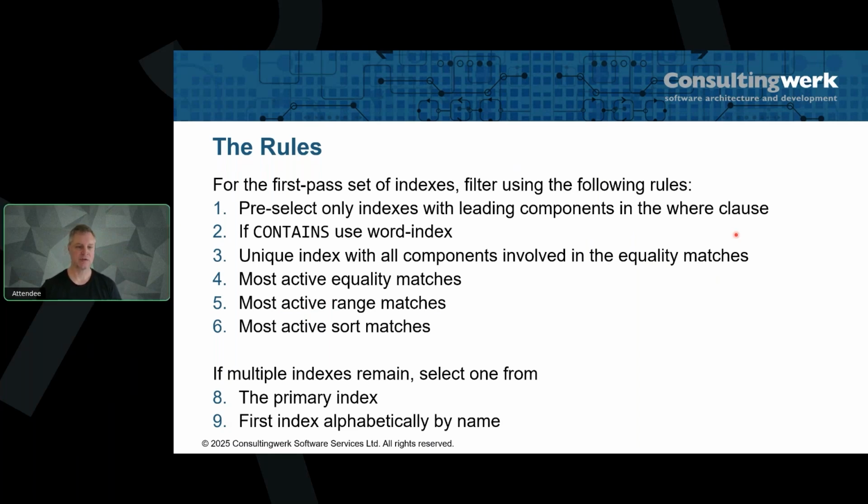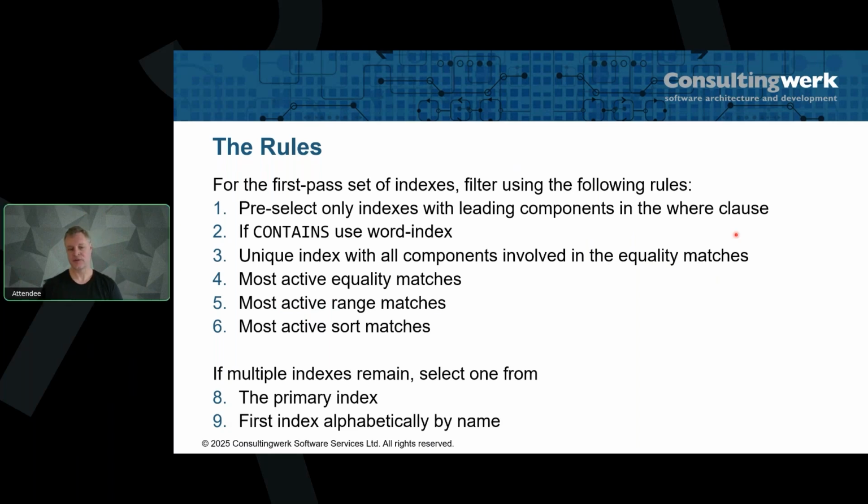Then we move on to most active equality matches, equality being equals operators. Most active range matches, talking about greater than, or greater than or equal to. And then most active sort matches, so in your by clause.